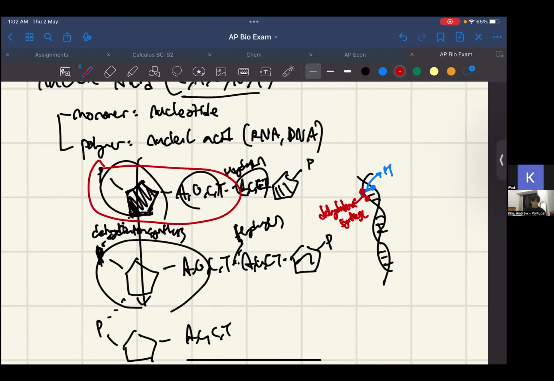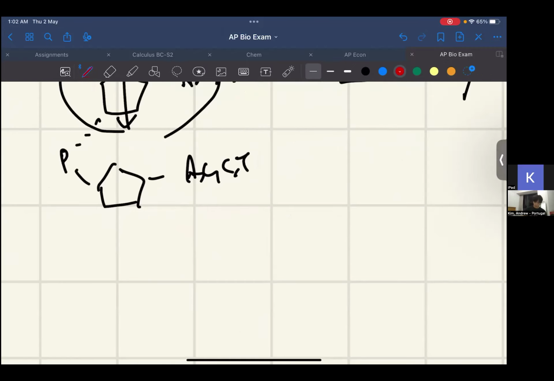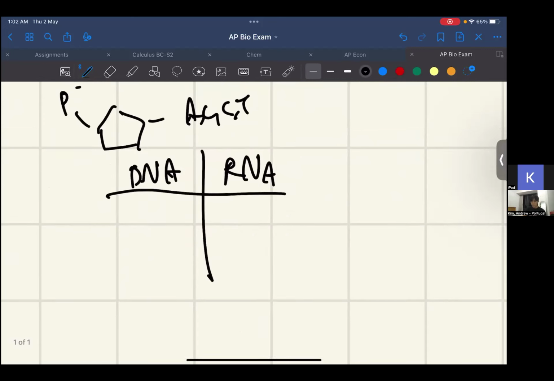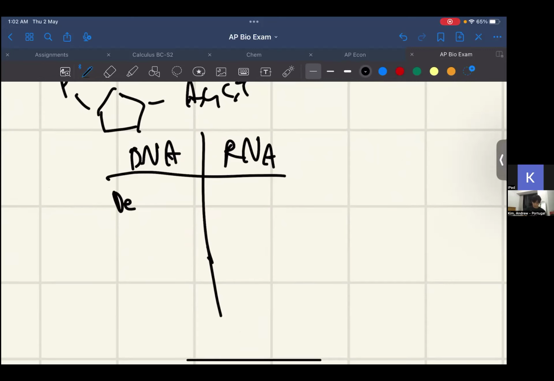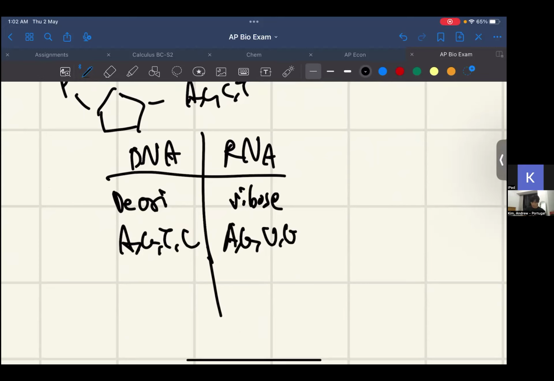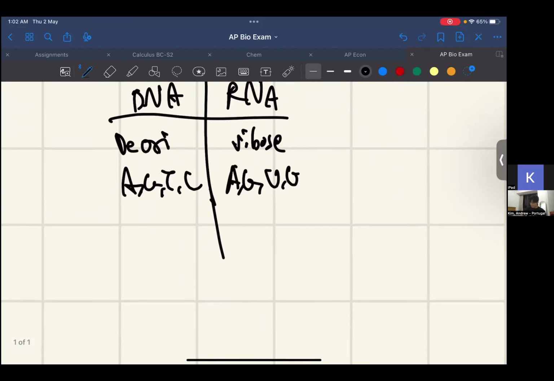Now I'm going to explain the difference between DNA and RNA, okay? By now you probably should know this, but DNA has deoxyribose, whereas RNA just has ribose. DNA has AGTC, whereas RNA has AGUC. U is uracil, T is thymine. RNA's main purpose is copying.